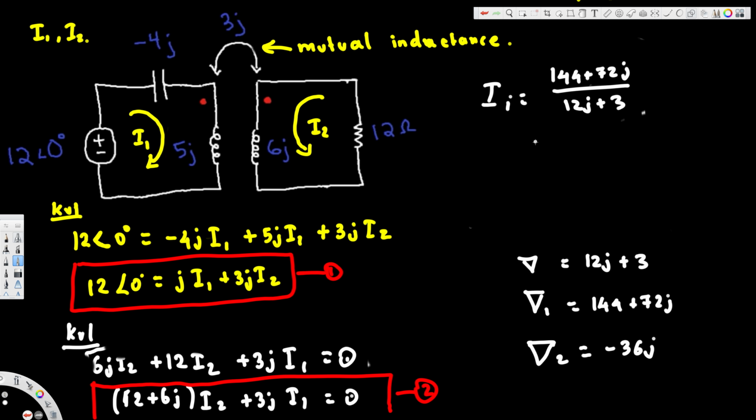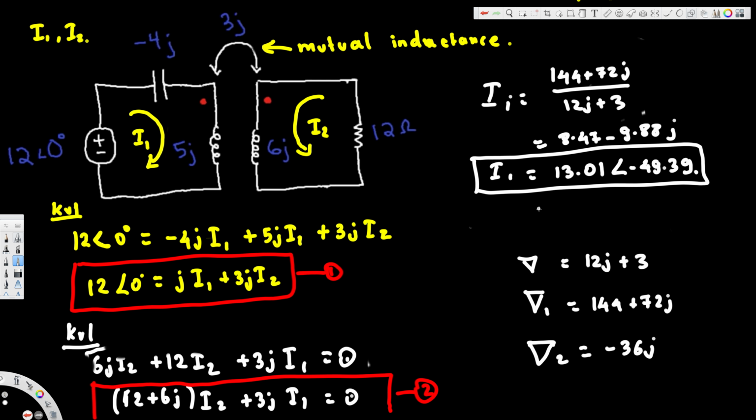That's going to give you 8.47 minus 9.88j. This is in rectangular form, and if you convert it to polar coordinates, you are going to get I1 equal to 13.01 with an angle of negative 49.39 degrees. Okay, so this is our I1.